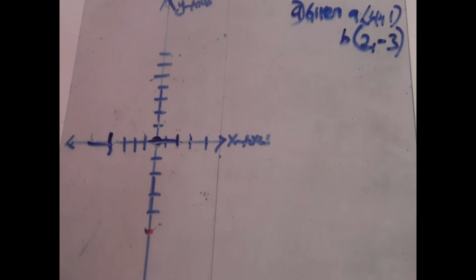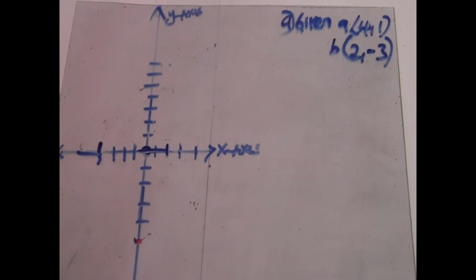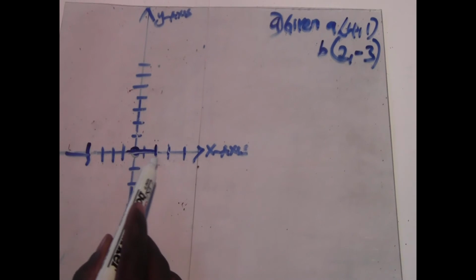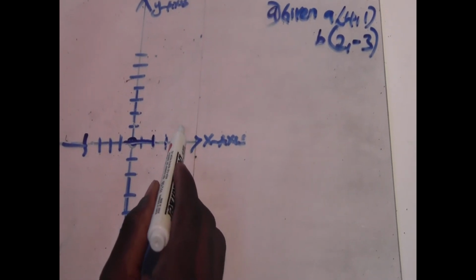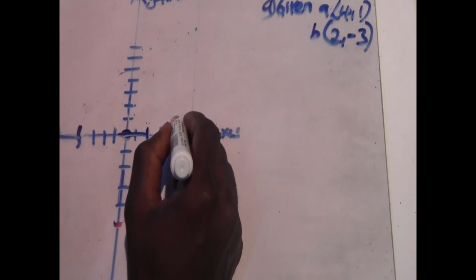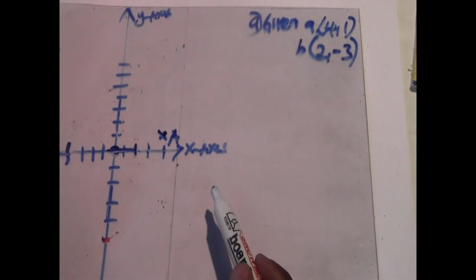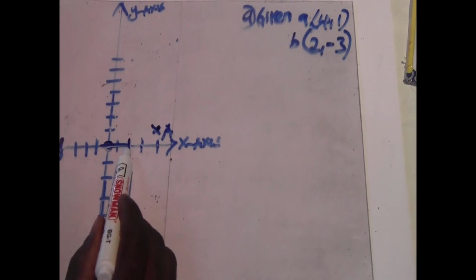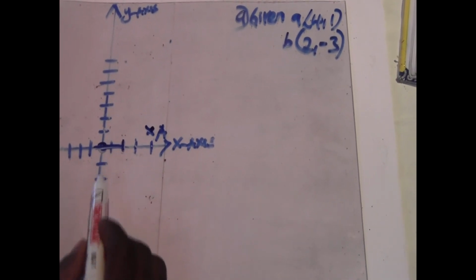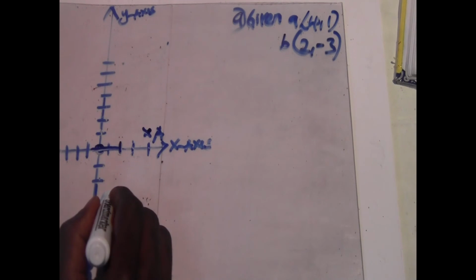So let us start by plotting A. When you plot A, it's 4, 1. So it will be 1, 2, 3, 4, and then you move up once. So point A is here, and then point B is 2, negative 3. So it's 1, 2, and negative 3, somewhere here.